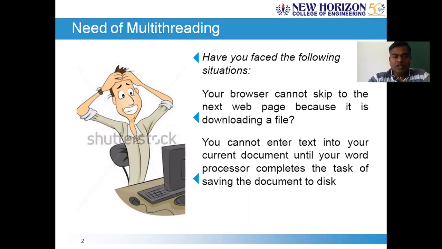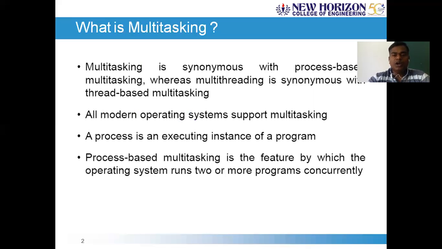In order to overcome these kinds of problems, we can come up with a concept called multi-threading. To understand multi-threading, you should be able to differentiate between multitasking and multi-threading. Formally, we define a process and a thread like this.